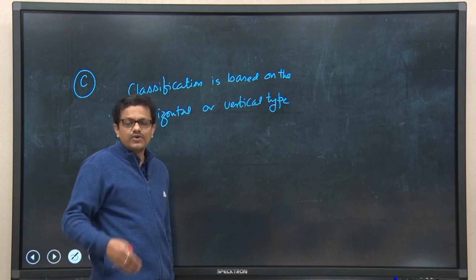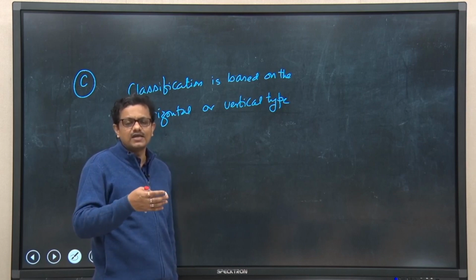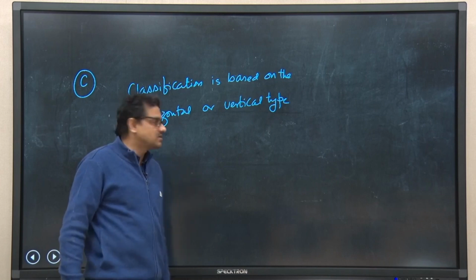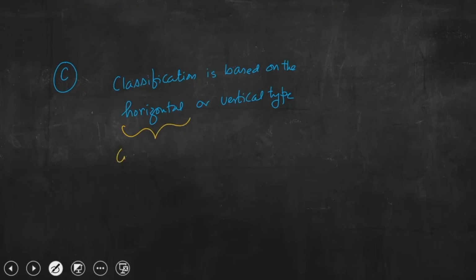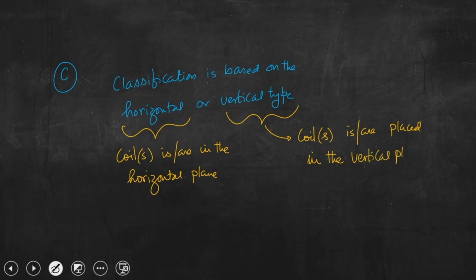Let me tell you once again, whether the coil is in the vertical plane or in the horizontal plane, depending on this aspect, we can classify superheaters into 2 subclasses, one is horizontal type, in which the coil or coils are in the horizontal plane, and vertical type, in which the coil or coils are placed in the vertical plane. Okay. So, this is the classification.